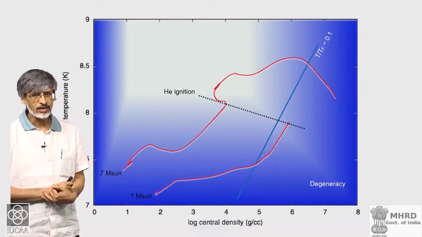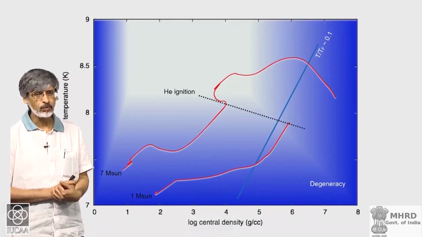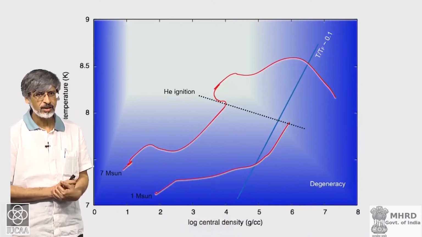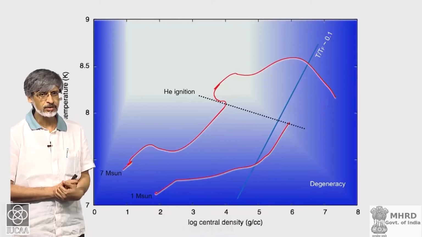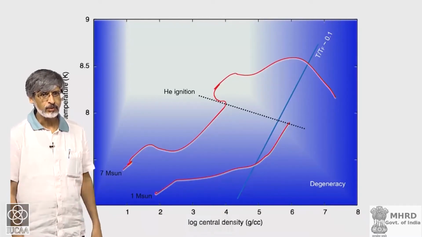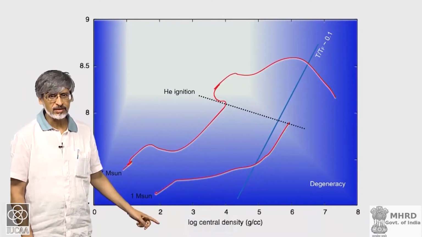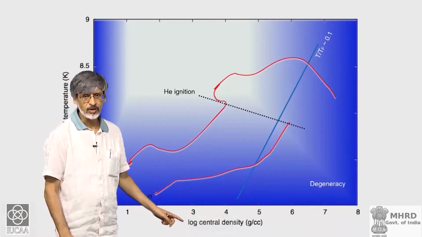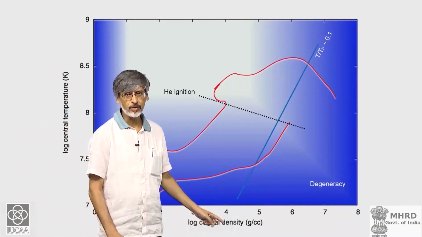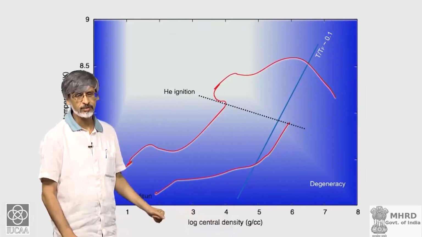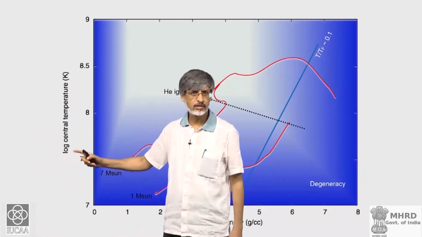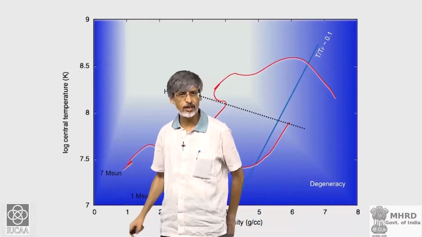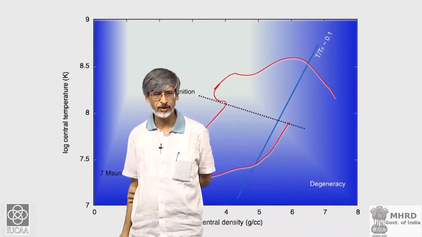One is a lower mass star, the lower track, a star of 1 solar mass, and one a heavier star of 7 solar masses, shown in the upper track. On the horizontal axis is the logarithm of the central density in grams per cubic centimeter, and on the vertical axis is the log of the central temperature in degrees Kelvin.